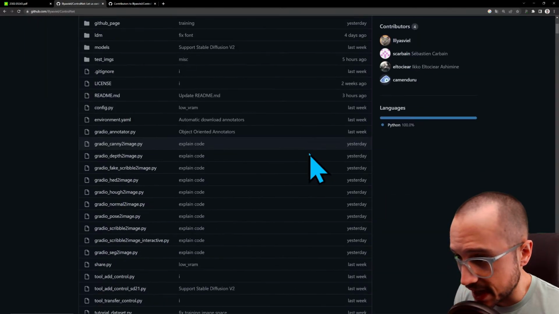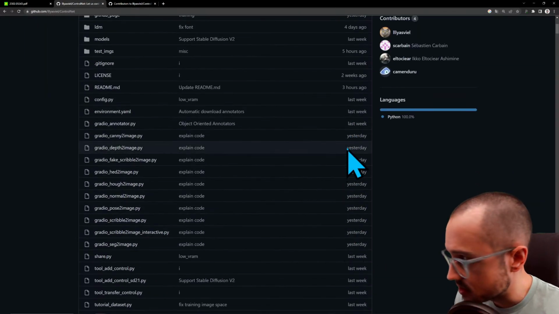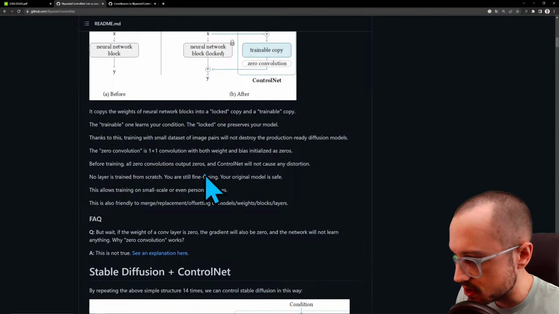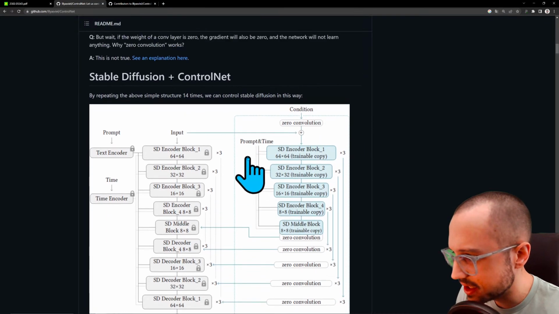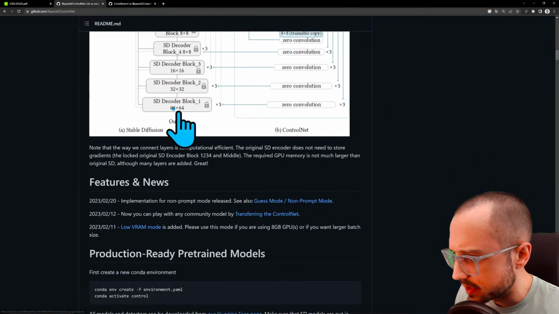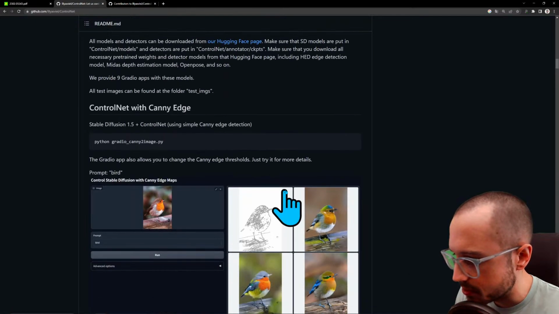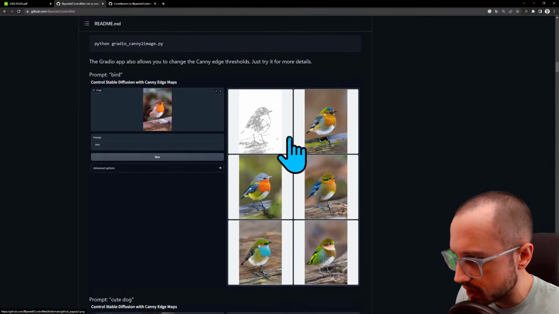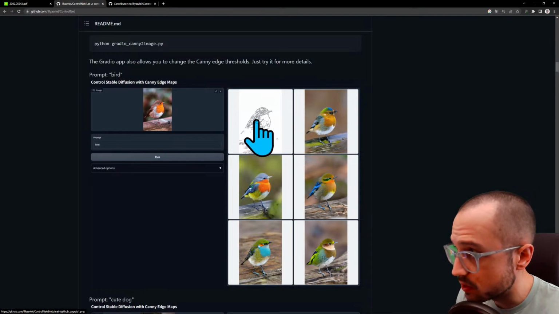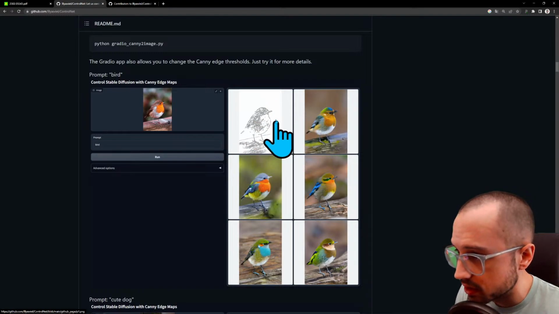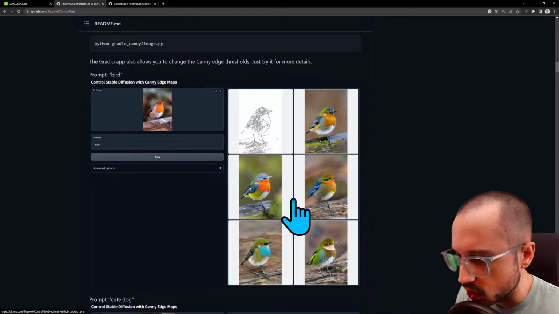Contributions are still super active. Look at this. Yesterday. So this repo is getting contributed to immediately. We're gonna get into this. We're gonna read the paper for it. But basically, what ControlNet allows you to do is control diffusion models.